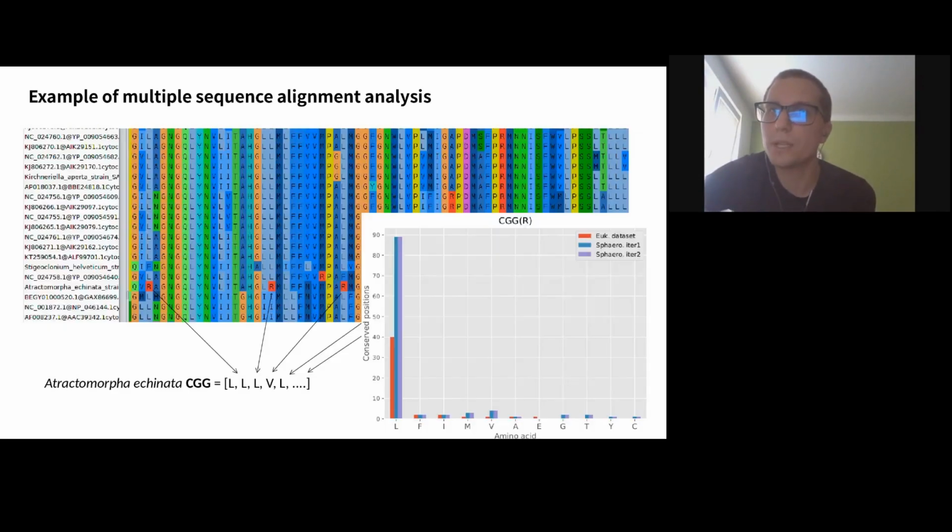When we collected information on all positions where Atractomorpha has this CGG, we found that there is not a single position with conserved arginine, but the most frequent amino acid was leucine. There is no need to care about the blue bar and purple bar, only this red bar. So we can see a strong signal here for the CGG codon to encode leucine.